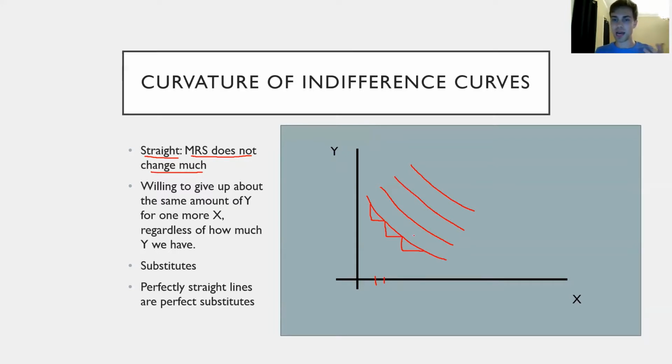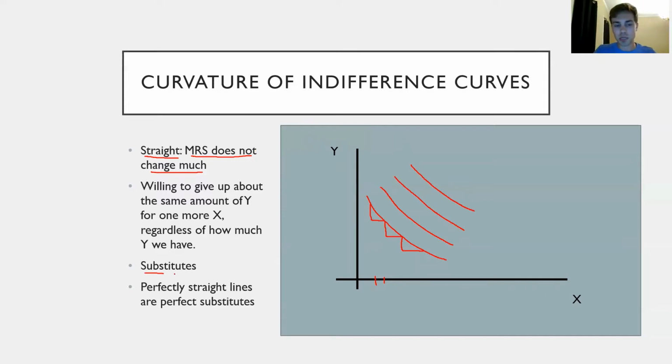That'll change when we look at a more curved indifference curve. So in other words, to reiterate, we're willing to give up about the same amount of Y to get one more X, regardless of how much Y we have, right? So regardless of what point on the indifference curve we're at, we're willing to give up about the same amount of Y for the same amount of X.